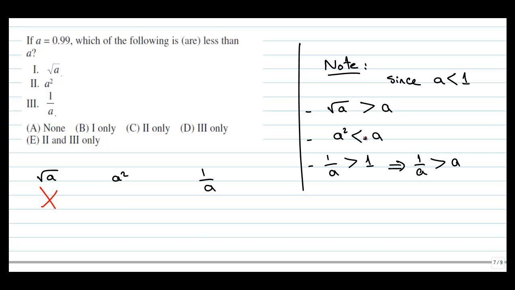Yes, it's clear here. So this one is true. Now, is 1 over a less than a? No, it's greater than a, so this one is also not correct. So the final answer is the second one only. This is the correct one. So here they say, yep, C. Only II is correct.